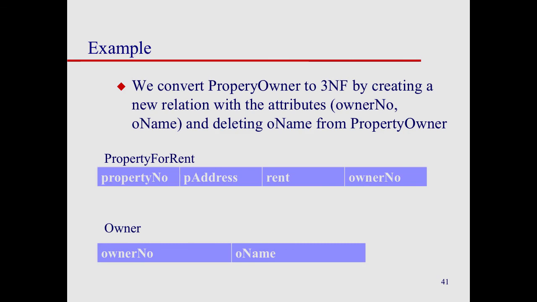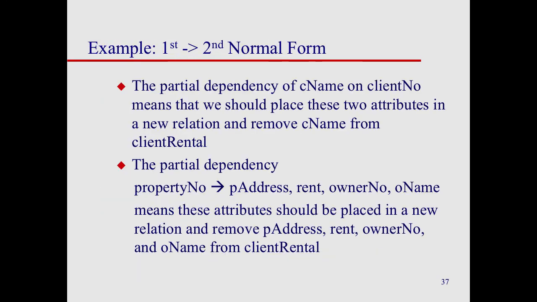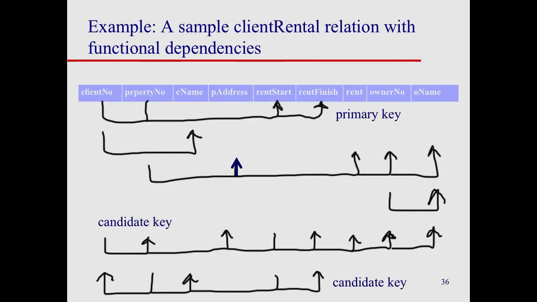Okay. And to kind of show you that second normal form and third normal form can differ depending on what you choose to be the primary key. So let's say that it wasn't a foregone conclusion that client number and property number had to be the primary key.